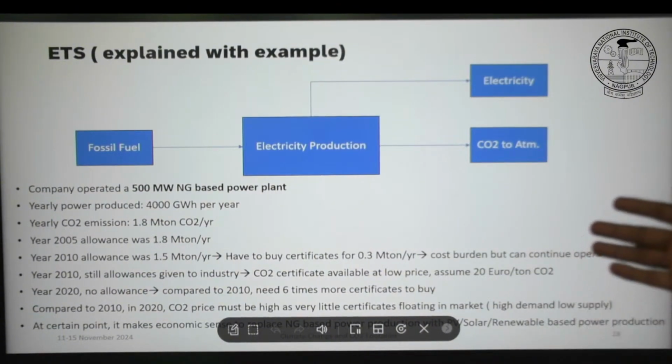I'll simply shut down the plant and install solar PVs. So at a certain point governments want to squeeze so much that industry will be forced to go from CO2 intensive sources to low or zero carbon energy sources.